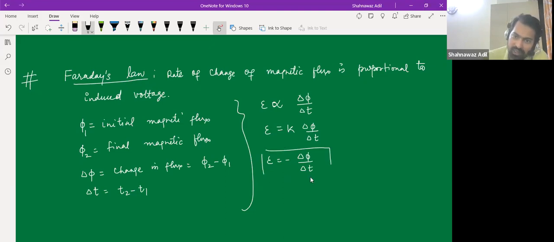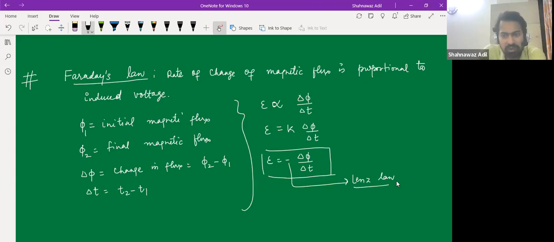Why this minus comes, you will know in Lenz's law, which talks about the conservation of energy. Then we'll be able to know why this minus comes. Is this part clear, guys? Yes.